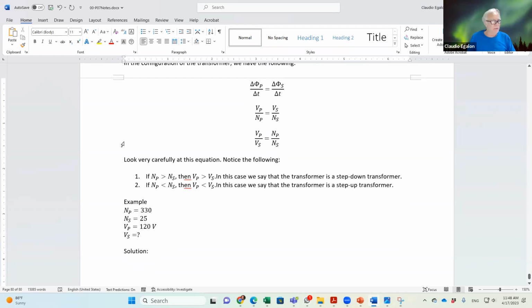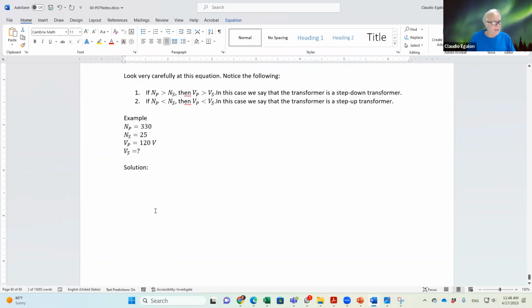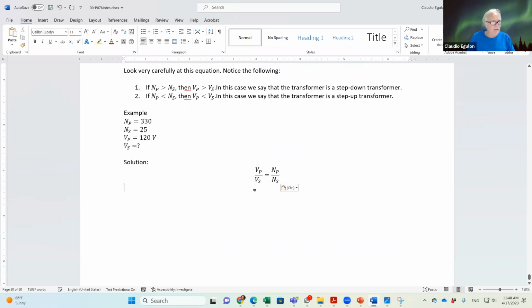So all you gotta do is to use this relation right in here. VP is 120 volts. NP is 330 turns, and NS is 25, right?